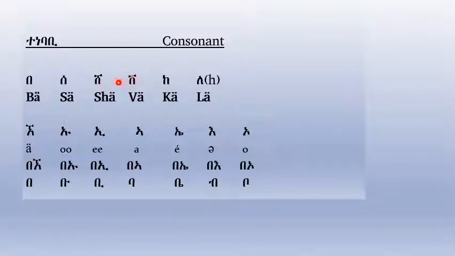Then if you don't connect this line to the B, if you move that, then you get V. Then if you write a small right angle here on the B, you get K. And if you write this, it's difficult to write this, L, but I prefer to write L in this form.